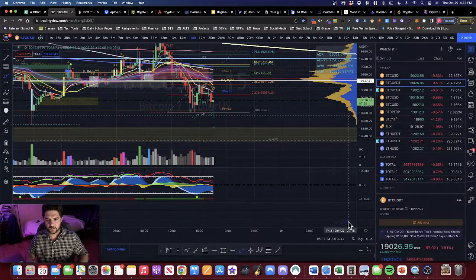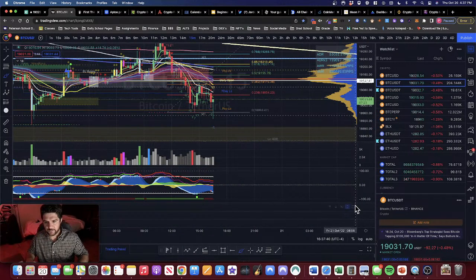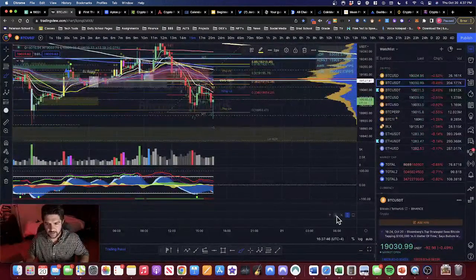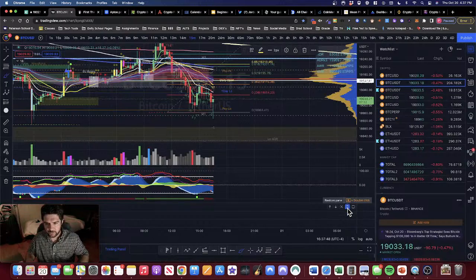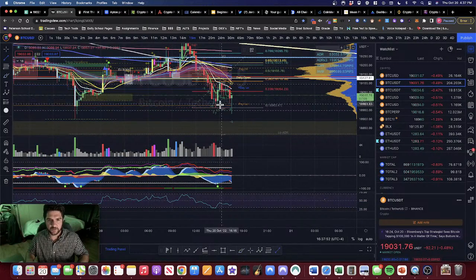But let's look on our regular RSI, because Market Cipher, to me, I don't know. Let's open you up here. There you go. Yeah, you made some bull div on your 15-minute. Lower lows, higher lows.